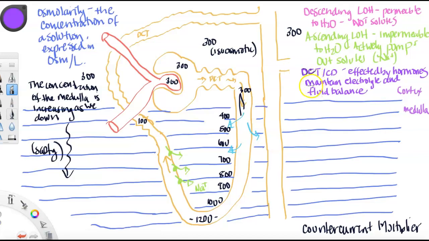Any of these hormones target the distal convoluted tubule and the collecting duct to basically fine-tune the urine's concentration.